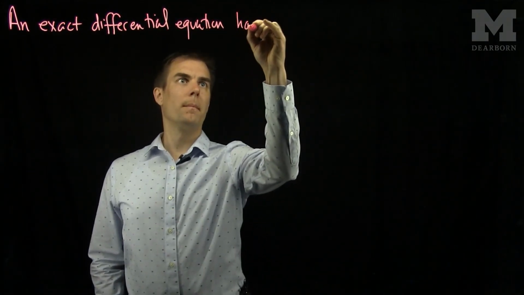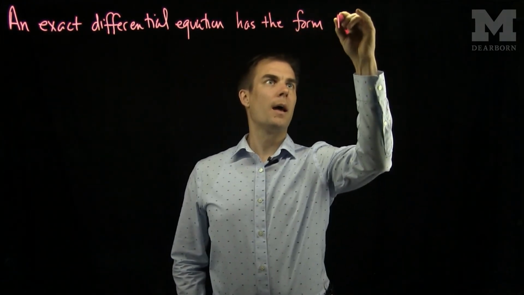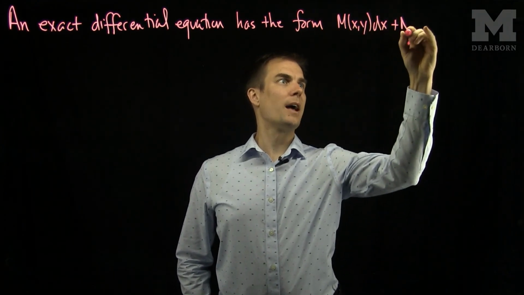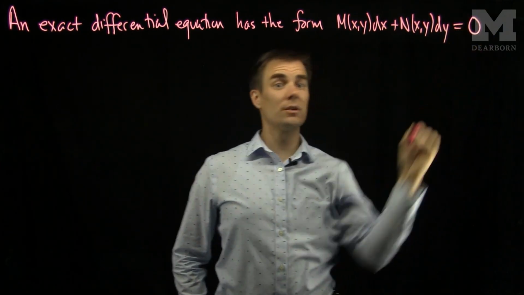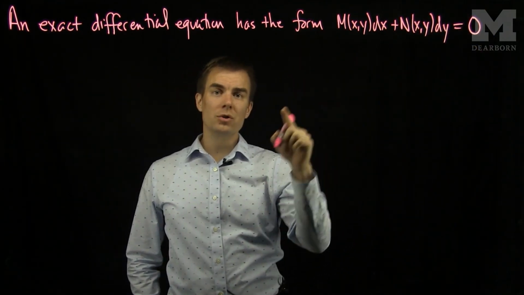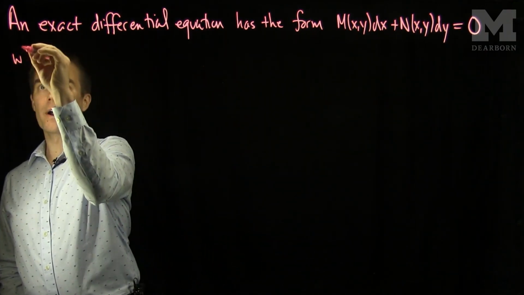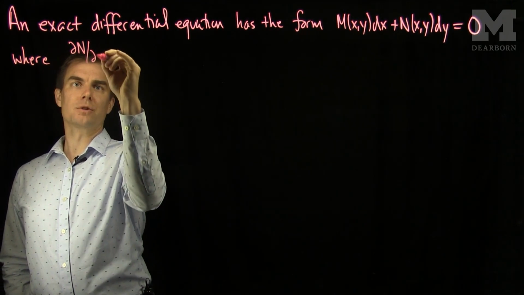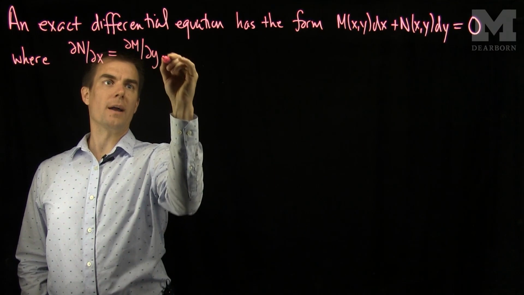has the form M(x,y) dx plus N(x,y) dy equals 0, where the partial derivative relationships of M and N are given as follows, where partial N partial x is partial M partial y.